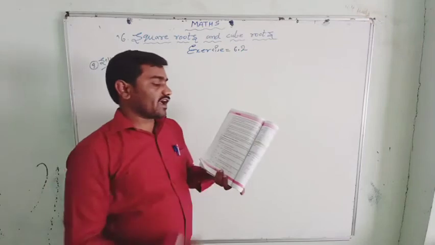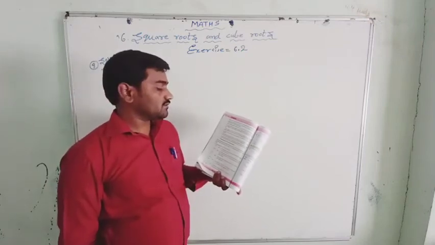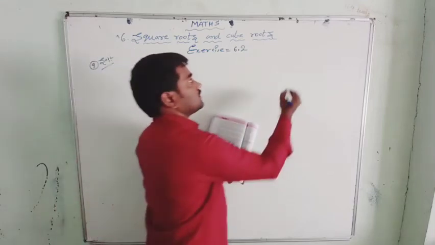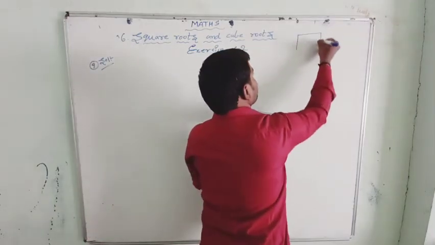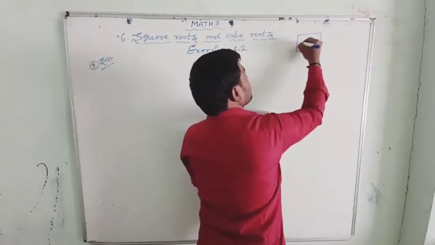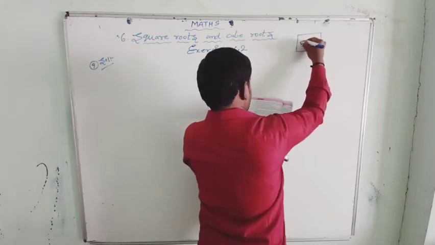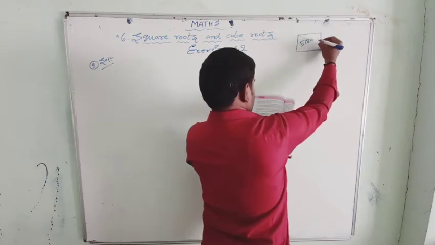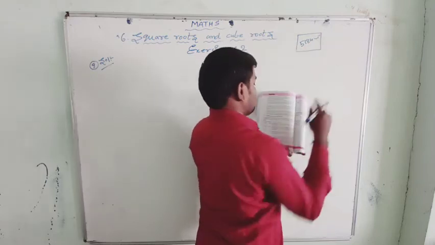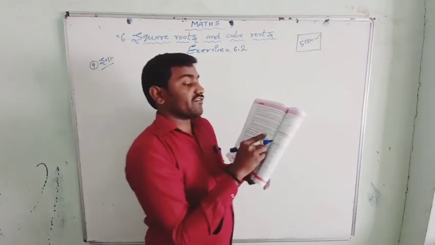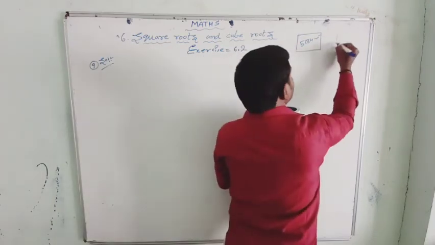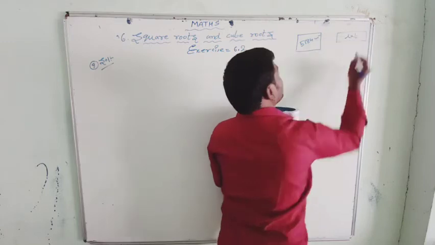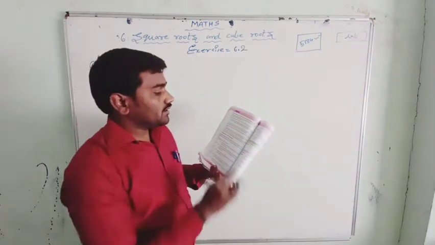The area of a square field is 5184 meters square. We need to find the area of the rectangular field, L into B.